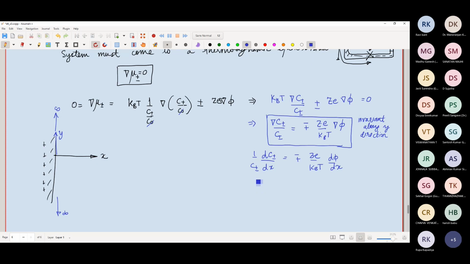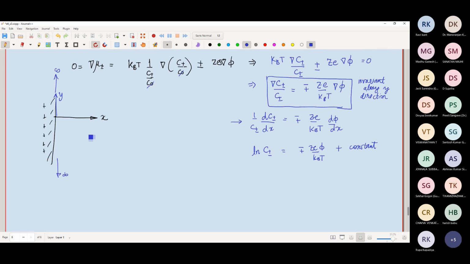When we integrate this, we have log of c plus minus is equal to minus plus z e phi over kBT plus some constant. We've just integrated this. It's a very simple integration.